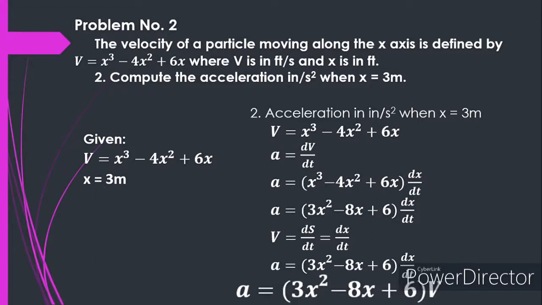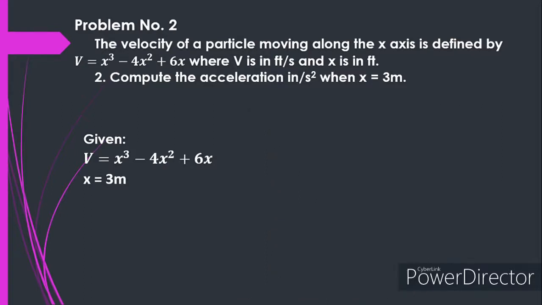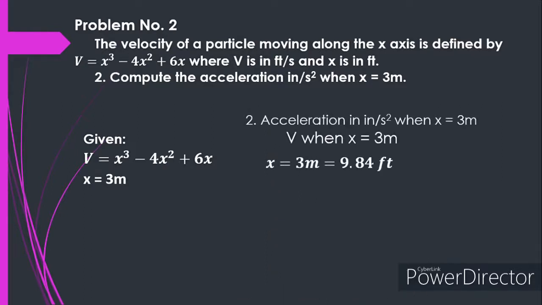Ayan. Now, class, when x is 3 meters, ilan yung velocity natin when x is 3 meters? Take note class, kanina yung sa question number 1, ang sinolve nyo is x is equals to 2 meters.